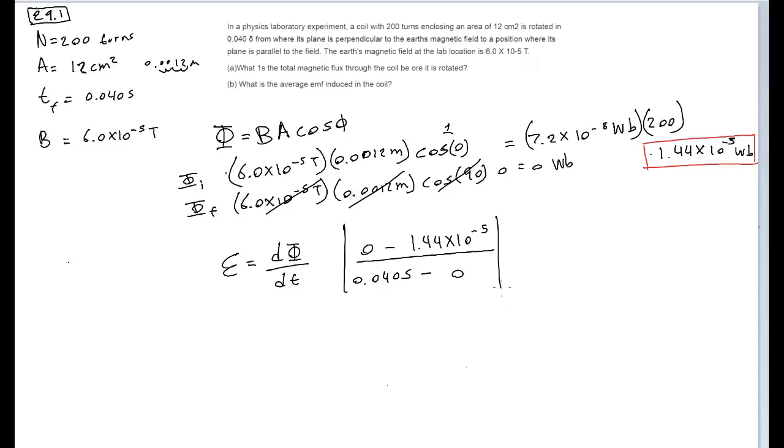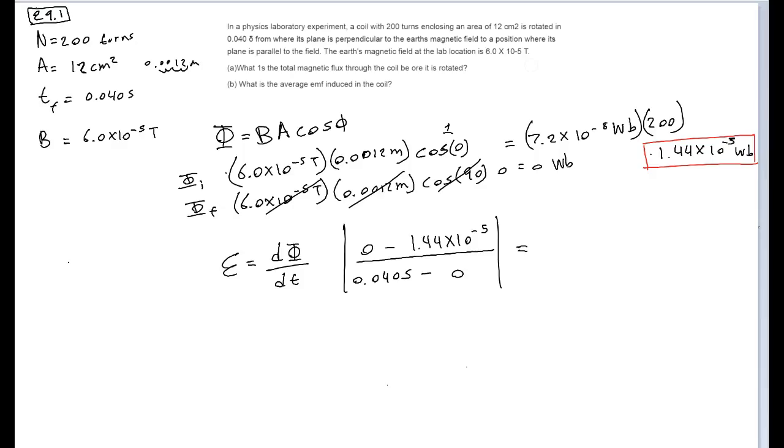So the answer is equal to, if we divide this, the 1.44 times 10 to the negative 5 over 0.040 seconds, we get 3.6 times 10 to the negative 4.